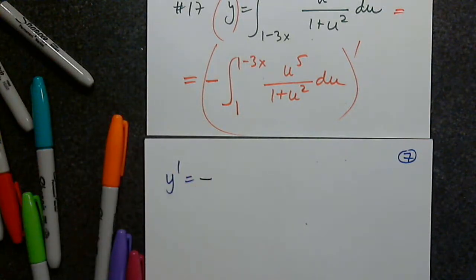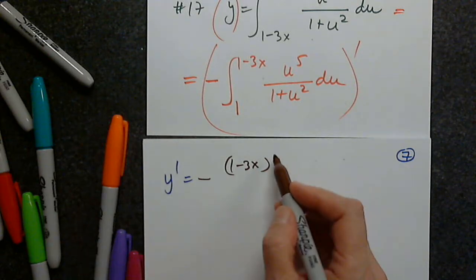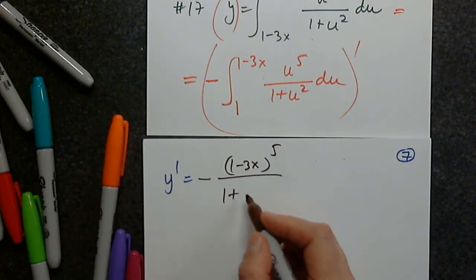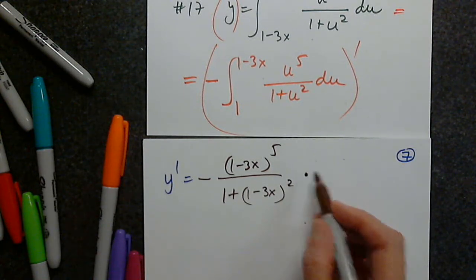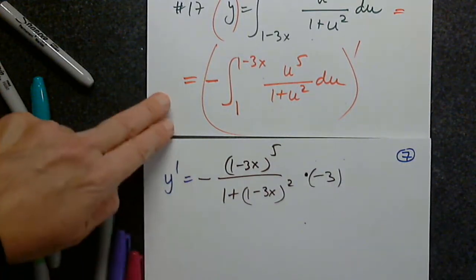Negative in front. What else? 1 minus 3x to the, yes, over 1 plus 1 minus 3x to the, good, times, say it again, perfect, times negative 3.